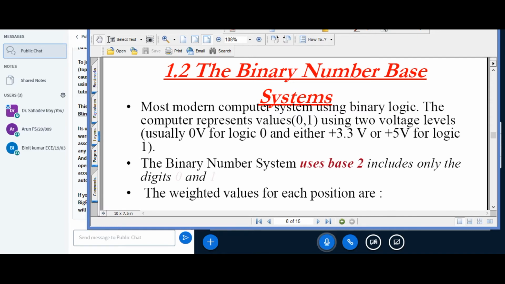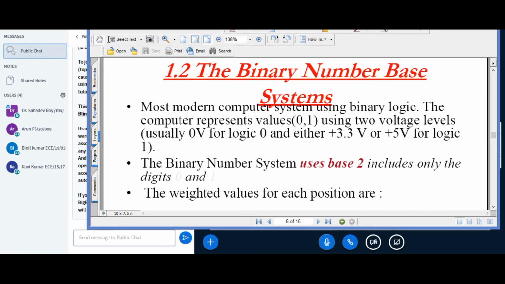So 0 for logic 0, and we can use the logic 0 value as either 0 or 0.7, 0.3, 0.2, because logic 0 is considered as a voltage level.